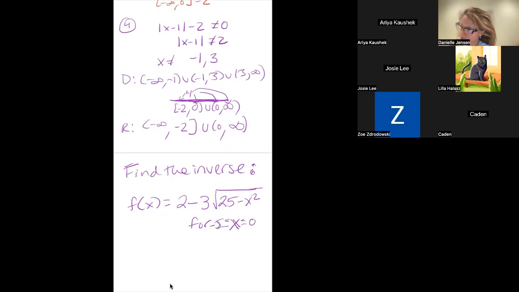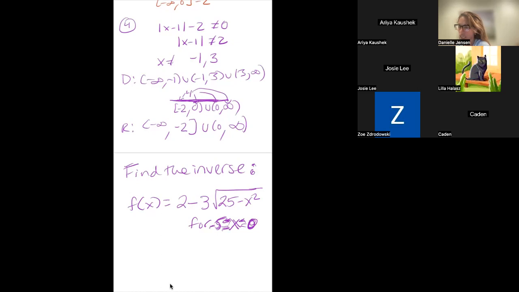So that's your restriction. Yes, that's what I want. So greater than or equal to negative 5, but less than or equal to 0.